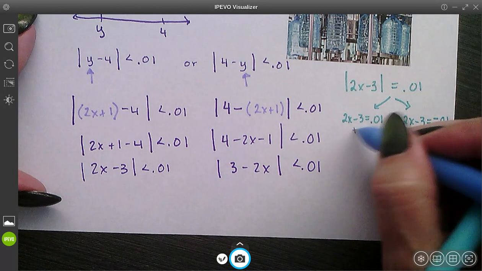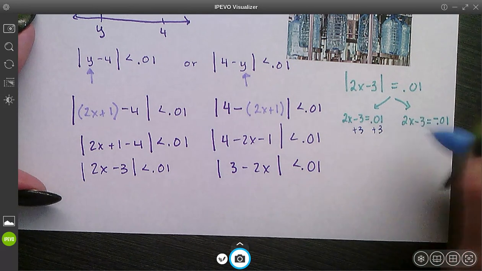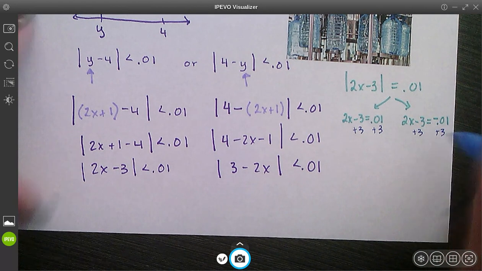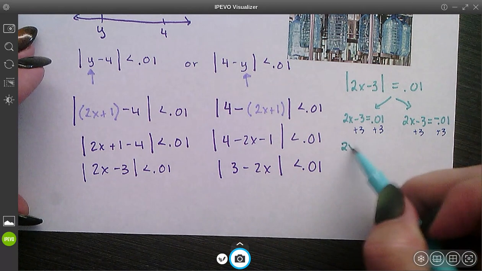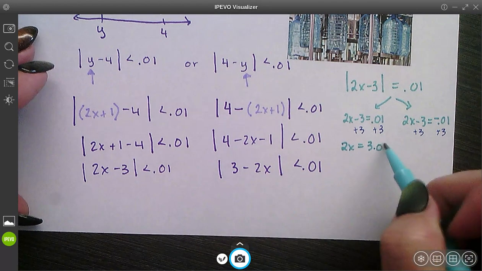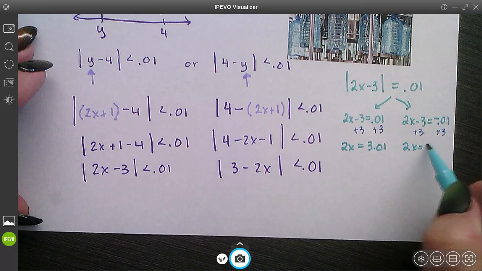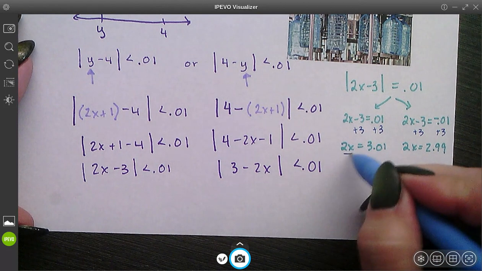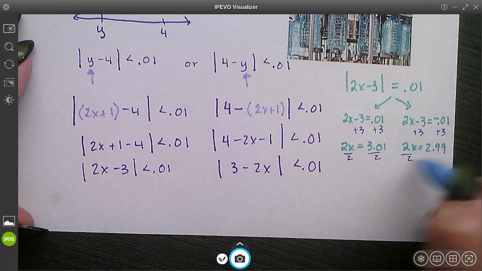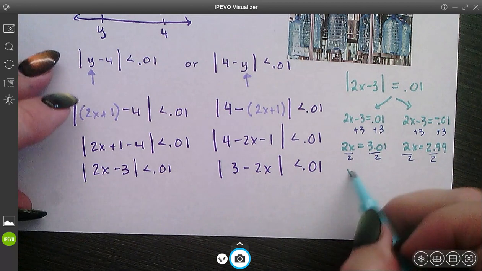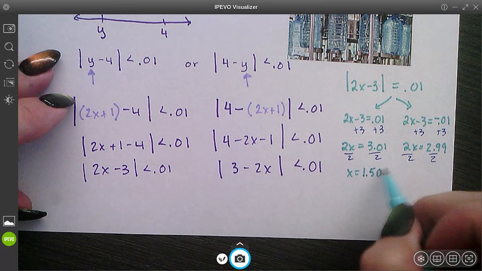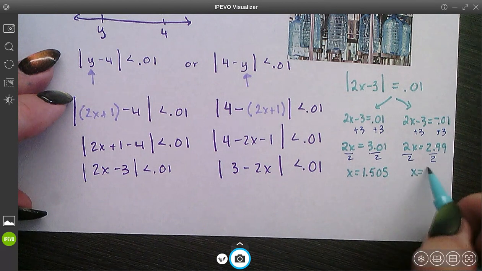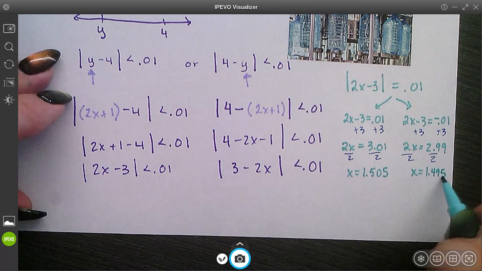Solving each of these, I get 2x equals 3.01 or 2x equals 2.99. Divide both sides by 2. I get x equals 1.505 or x equals 1.495.